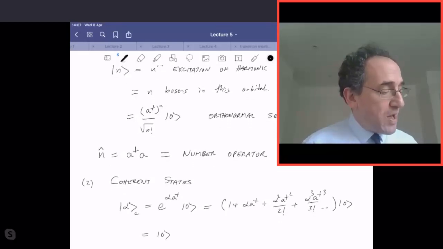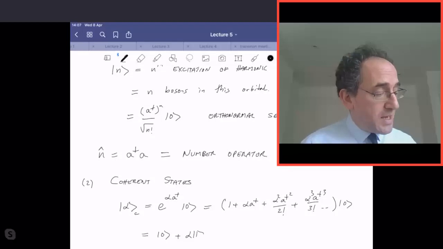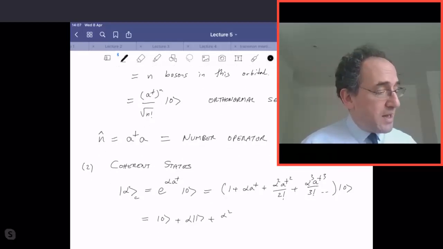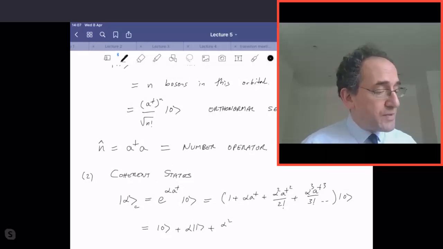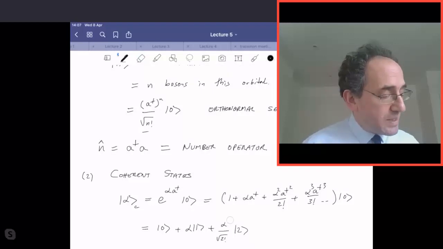The second term, alpha a dagger on 0, gives us the 1 ket, and the alpha is out front. And then we'll have an alpha squared. There's a square root of 2 in the definition of the 2 ket up here. So that will leave me with alpha squared over square root of 2 factorial times the 2 ket here. Is that clear? Okay. Plus dot dot dot.